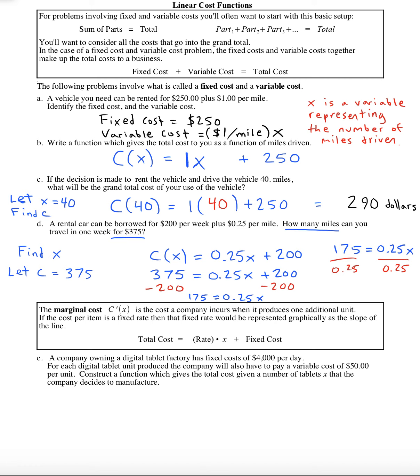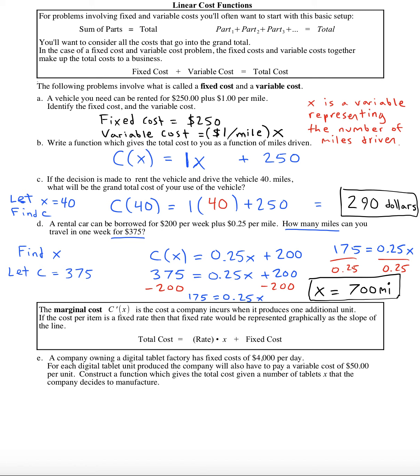That gives 700. x equals 700 miles. Nice. All right.